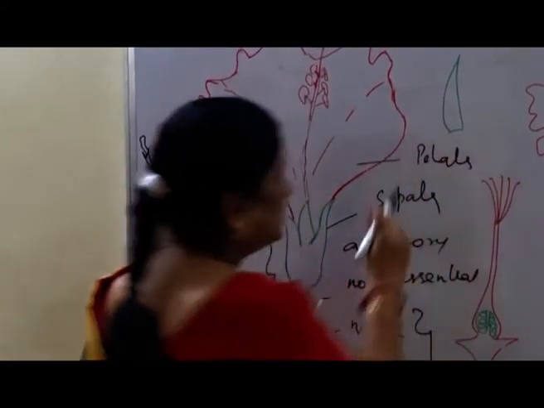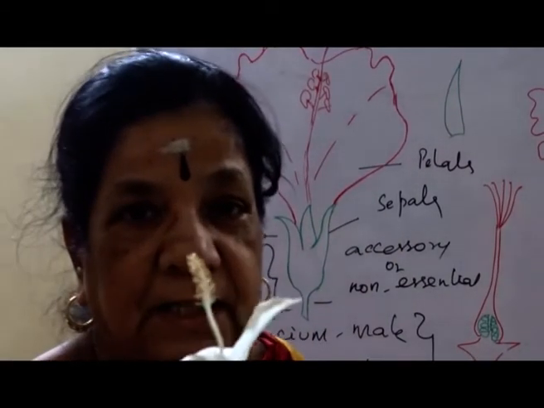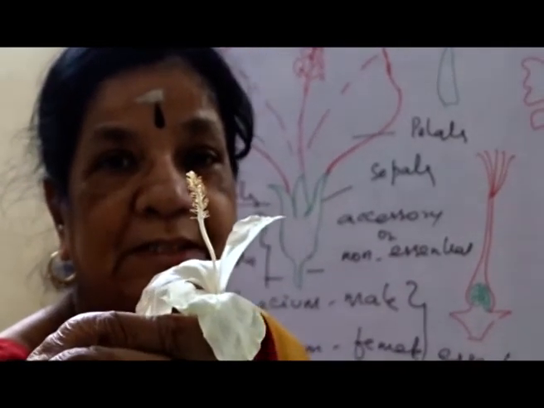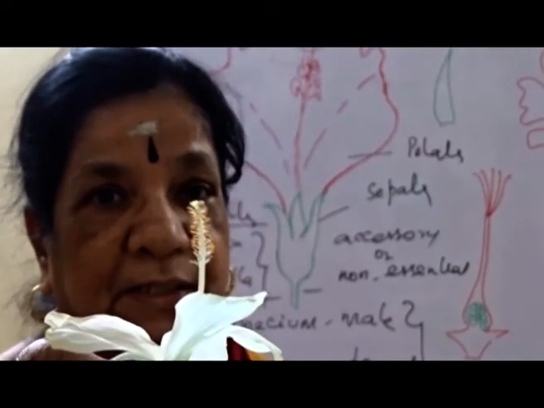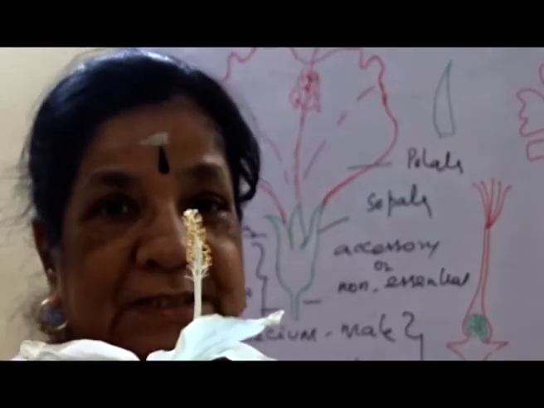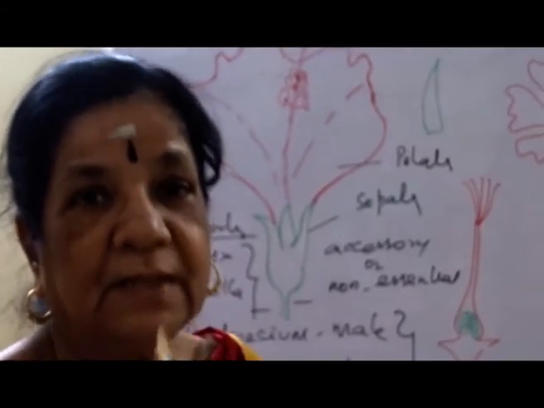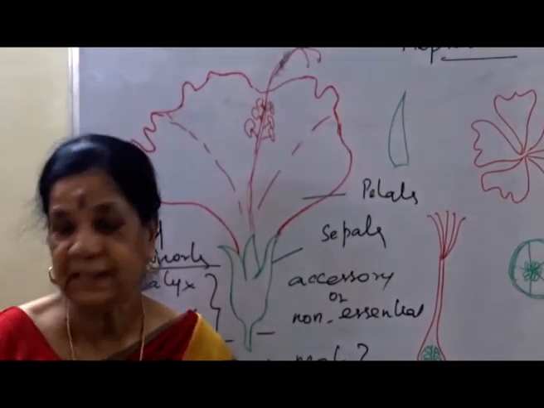And what you are seeing, the white structure, is the corolla, which is enclosing the androecium that is inside it. Can you see the green and yellow bristle-like structure? That is the androecium of the flower. This is the hibiscus flower, white in color.